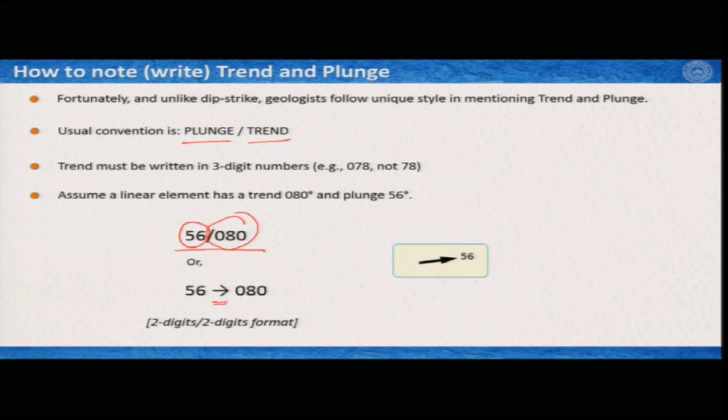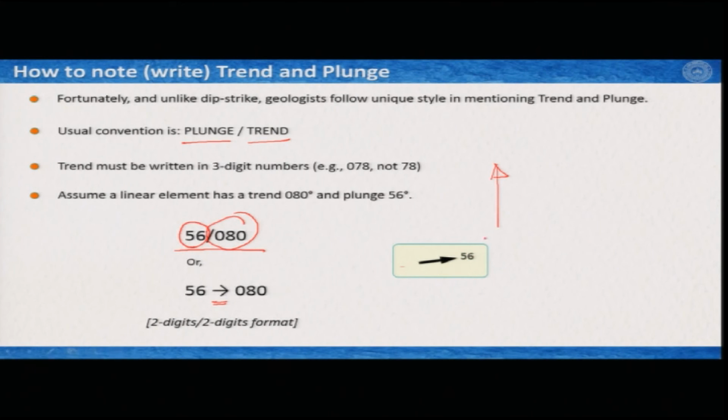Now on the map again it is the trend, because it is measured on the horizontal plane. So, given the north of this map is in this direction, you draw a line, and this line indicates your trend.